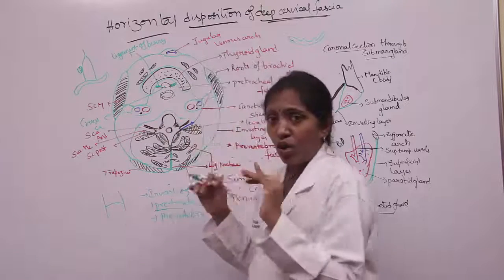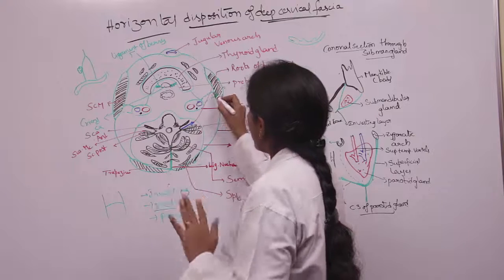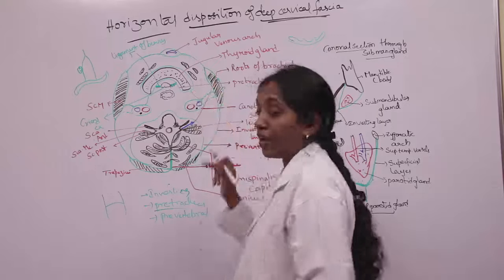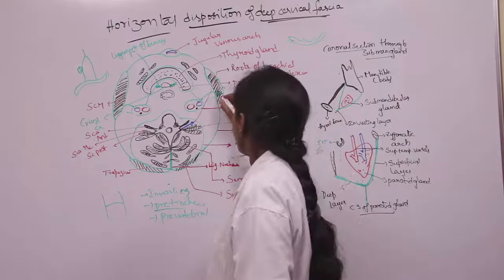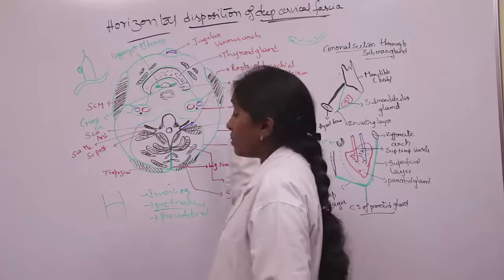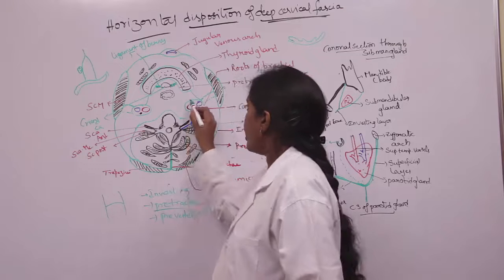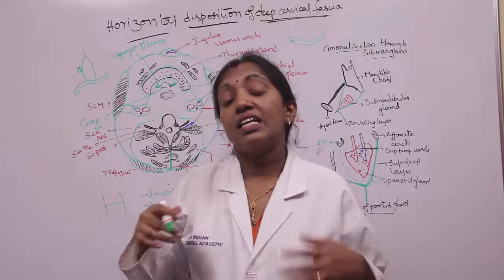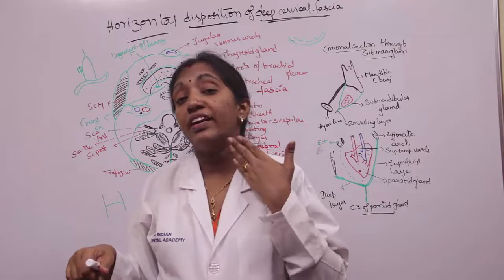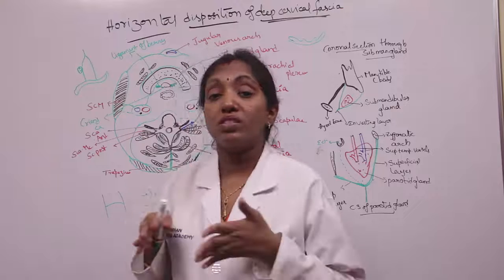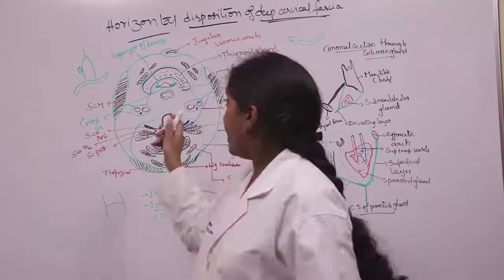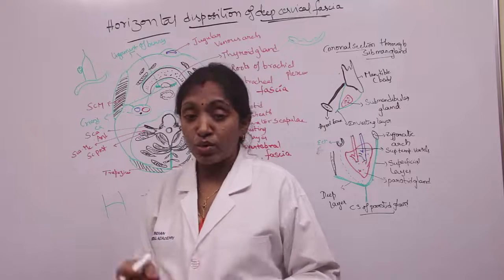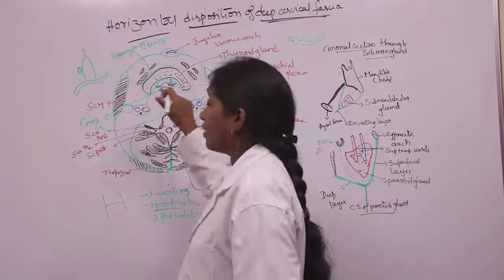Coming again to the horizontal extent of the pretracheal fascia, it comes as a fascial process from the posterior layer of the investing layer of deep cervical fascia from the sternocleidomastoid, and here it forms the anterior wall of the carotid sheath. From here, the pretracheal fascia splits to enclose the thyroid gland. The anterior layer is thickened and forms the ligament of Berry, which is attached from the isthmus of the thyroid gland to the cricoid cartilage.